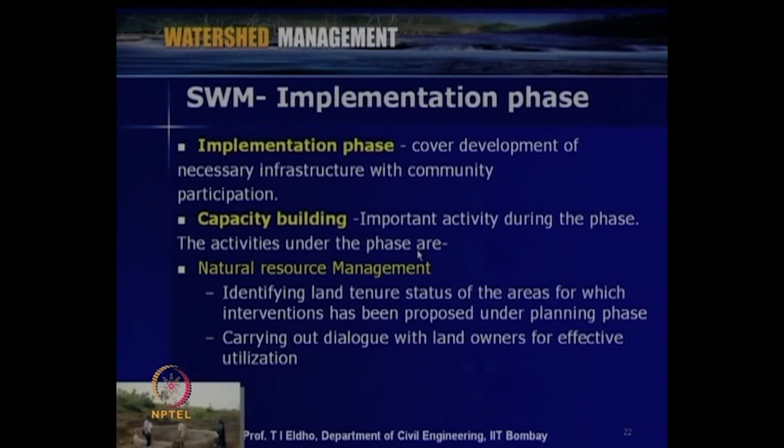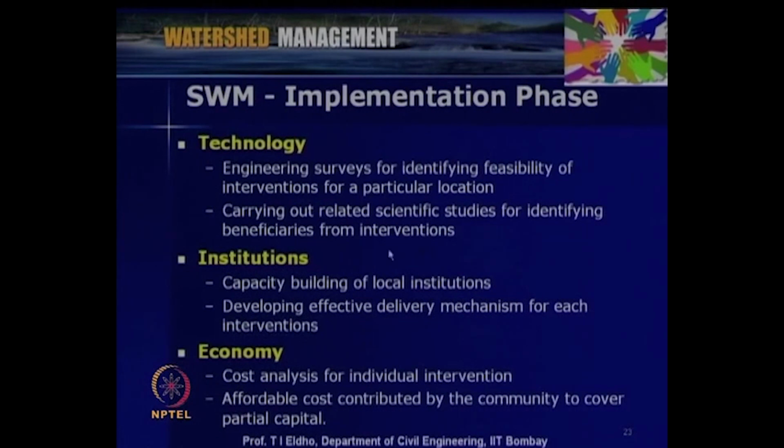The activities under the phase are like natural resource management, as we already discussed. There we can identify the land tenure status of the areas for which interventions have been proposed under the planning phase. Then we can carry out dialogue with land owners for effective utilization.